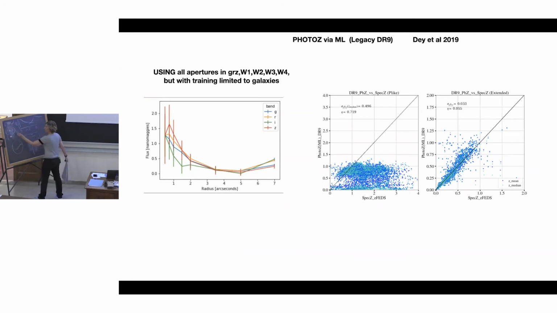If you look at the profile, it's going to be like that. And from the intensity of this component, this is an image, essentially. The radial profile, yeah.